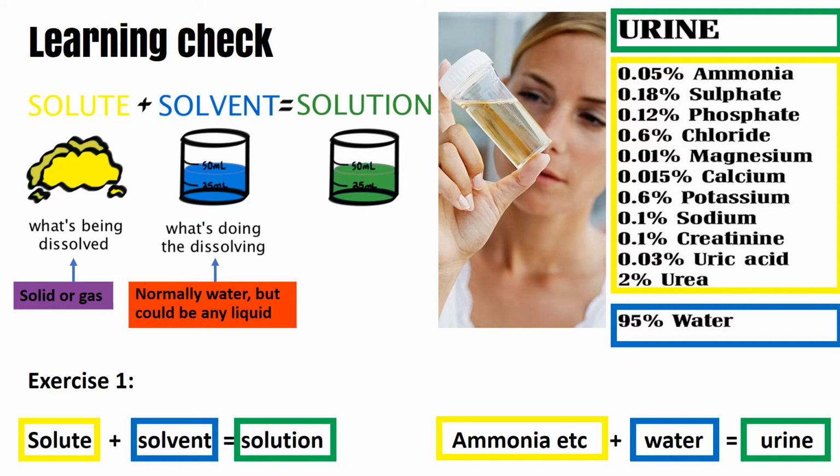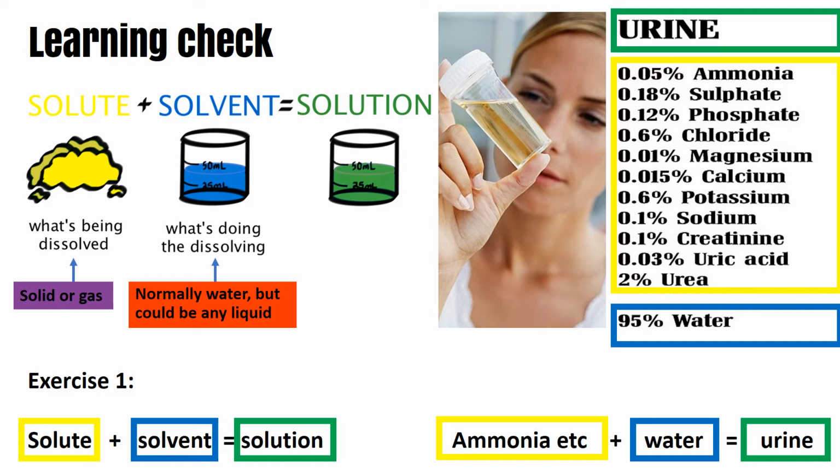The solutes in urine are all the things that I've put a yellow square around. So the ammonia, the sulfate, the phosphate, the chloride, the magnesium, all of them are solutes. And we know that because all of them collectively together are lower. They're the least thing in the substance.